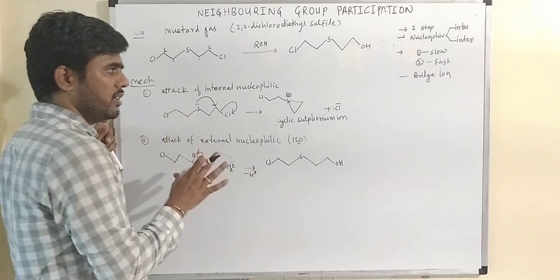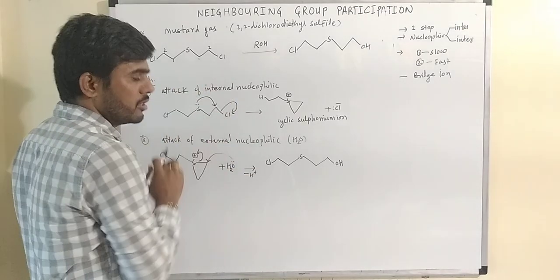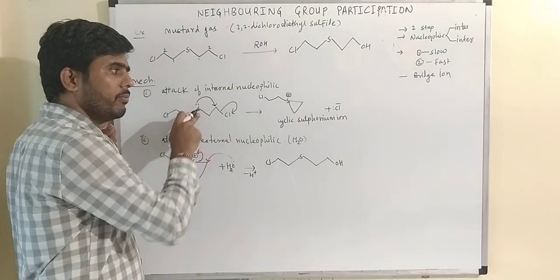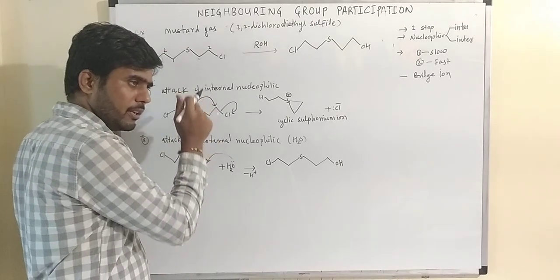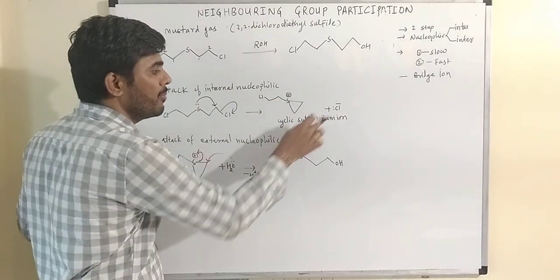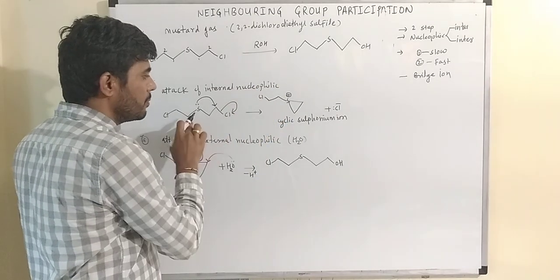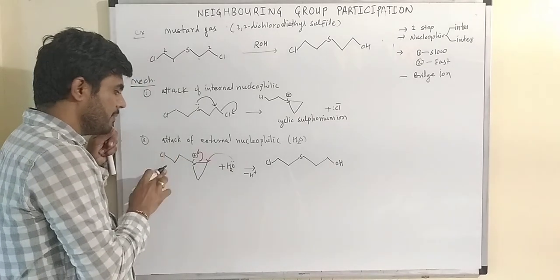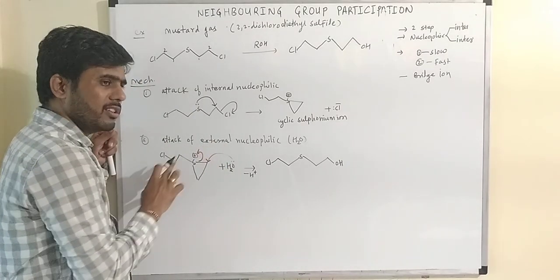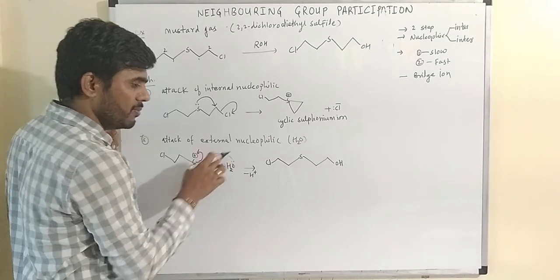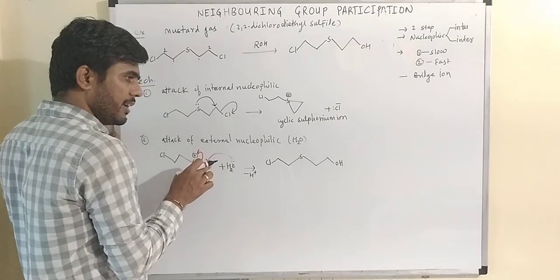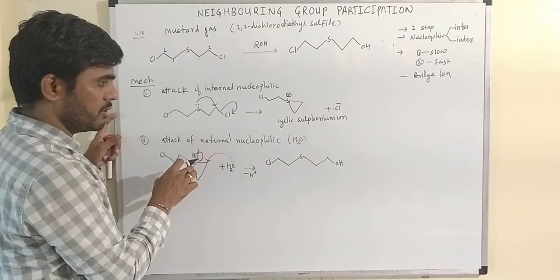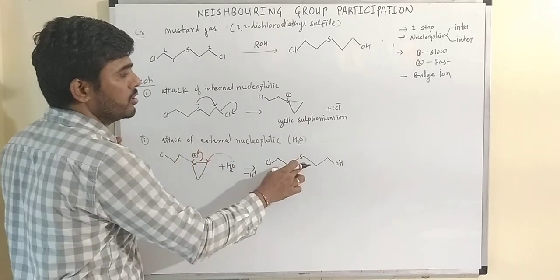The same mechanism is there, whether it is general or we consider a specific example. Students must know that in the first case the internal nucleophile will attack the reaction center. It always departs the leaving group and forms this type of bridge ion. In this case sulfur is there, so a cyclic sulfonium ion is formed. The second step is also important, that is the attack of the external nucleophile. In this case the external nucleophile is a water molecule, and it easily attacks this reaction center, and that migrating group, in this case the sulfonium ion, reverts back to its original position.